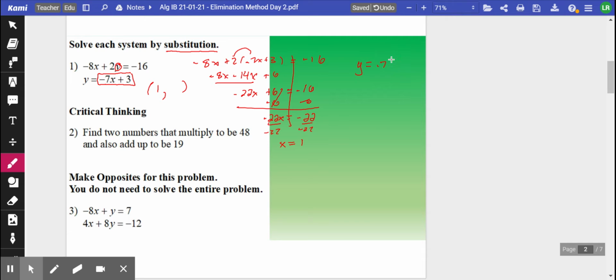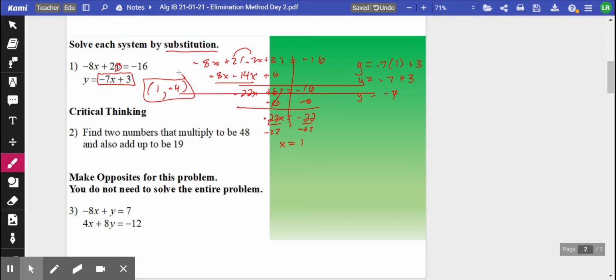So where the x is, I'm putting my 1. So negative 7 times 1 is negative 7, and negative 7 plus 3 is negative 4. So my y value then is negative 4. Okay, so that's that substitution problem.